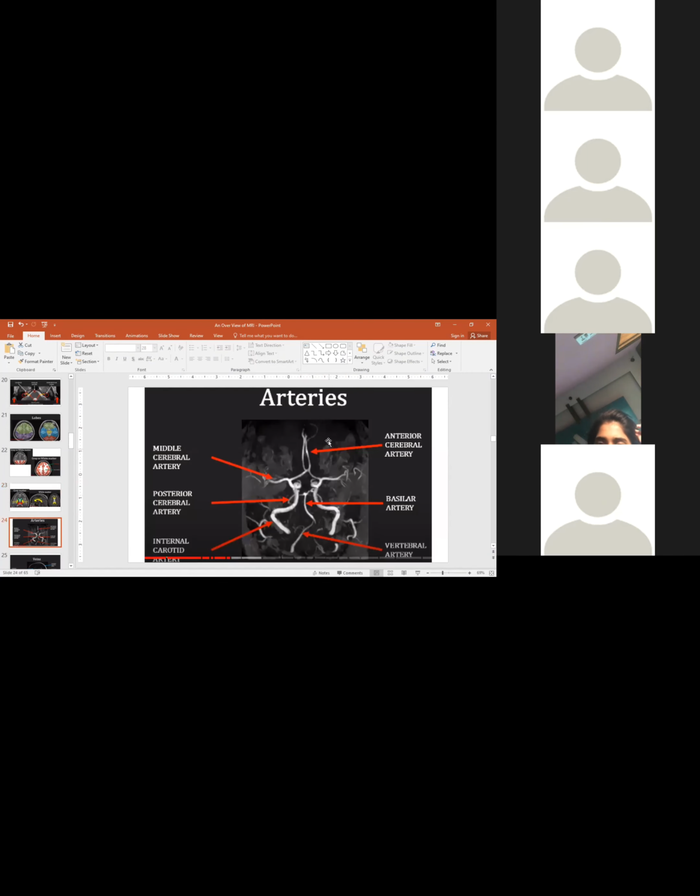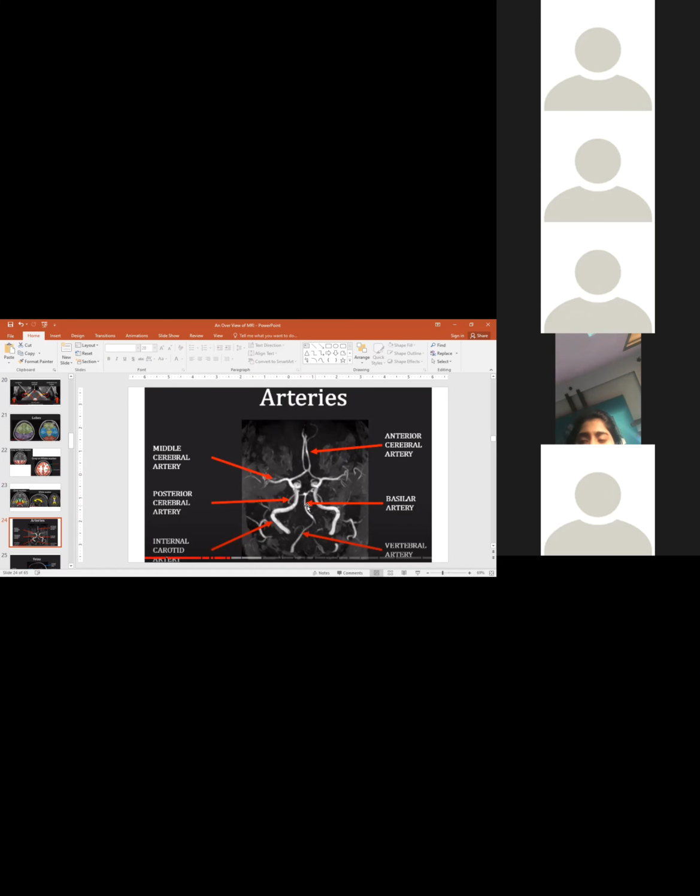Then the arteries, how they are visualized. There is the main circle of Willis, and we all know how the circle of Willis is formed. The vertebral arteries are there, and the basilar artery is formed by the two vertebral arteries, and the internal carotid artery divides, and it helps to form the circle of Willis.